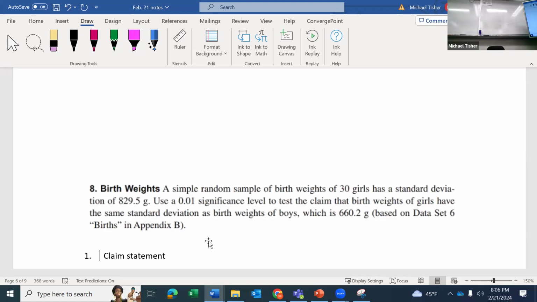We have 19.5, we have 660.2, so which number replaces it? Which percentage? Now this 19.5 is a sample, but the claim is always about a population.